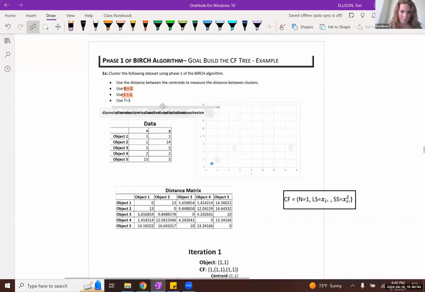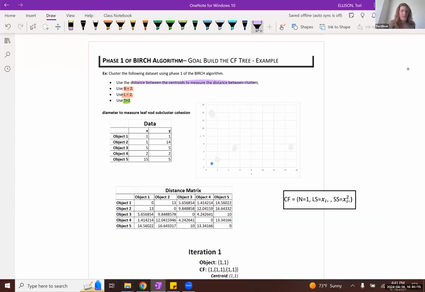Therefore, we stipulate that the diameter of any given one of our leaf node subclusters is not allowed to be any larger than 3. And finally, we're going to use the distance between centroids as a way of measuring the distance between clusters. Okay, so these are the parameters for how we're going to build our tree.